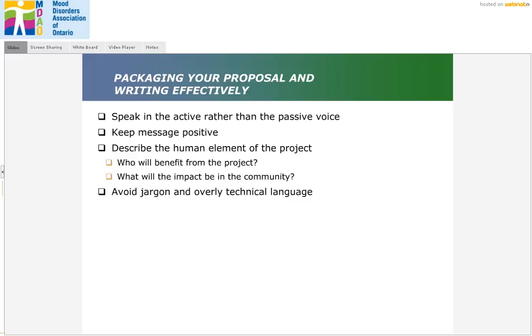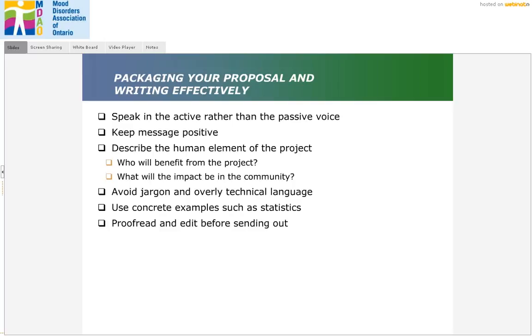Additionally, you should use concrete examples such as statistics or research studies, for instance, to back up your argument or to back up your project. And of course, finally, proofread and edit before sending your application out, because that is quite important.